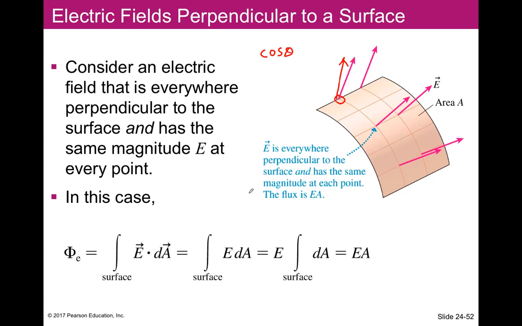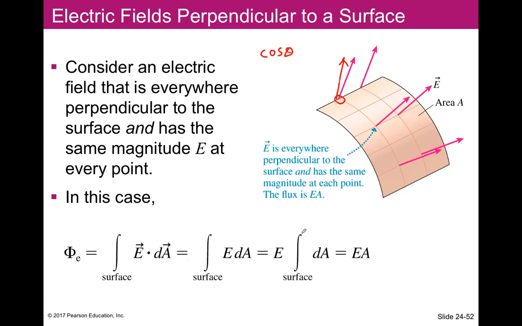So in this particular case, if the electric field is everywhere perpendicular to the surface and E has the same magnitude, then the integral of E dot dA becomes E dA cosine theta, but the cosine theta is 1. Then it becomes E dA. E is a constant, so you can take E out of the integral.